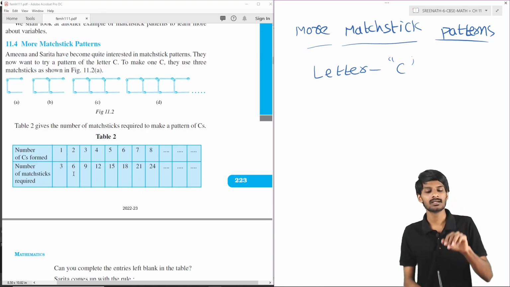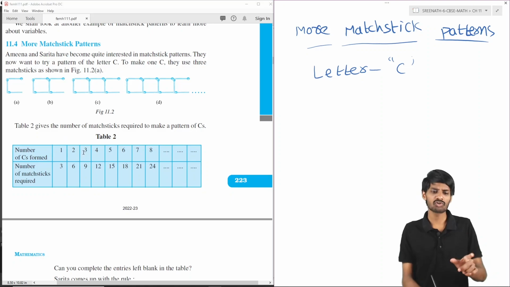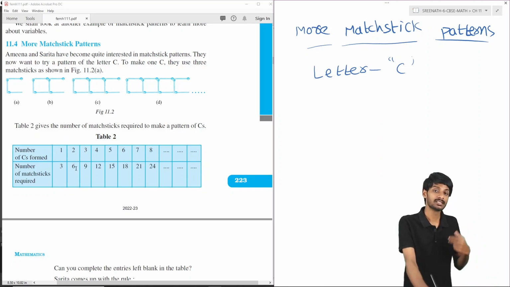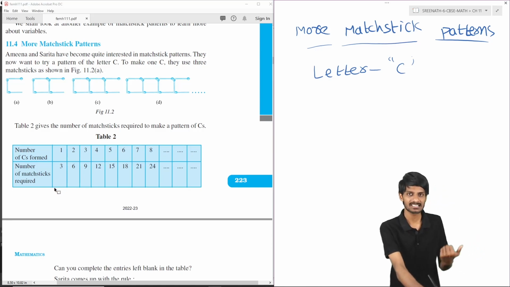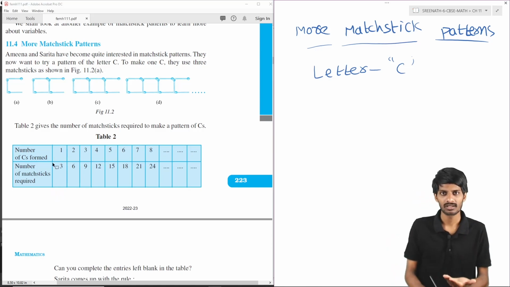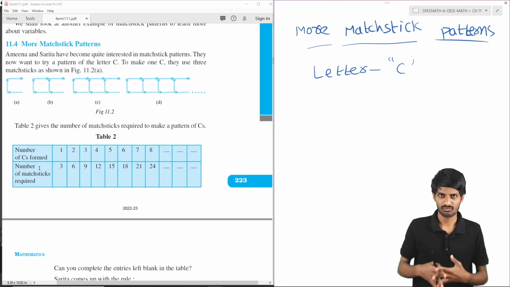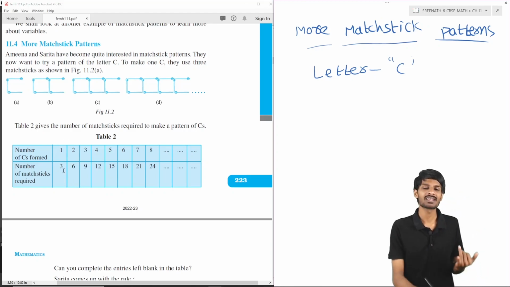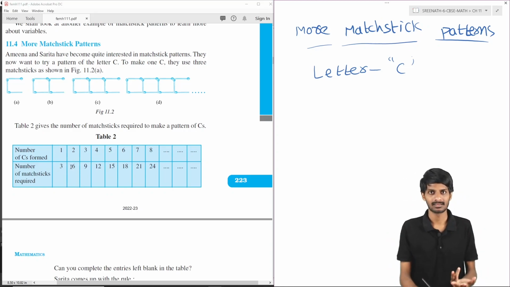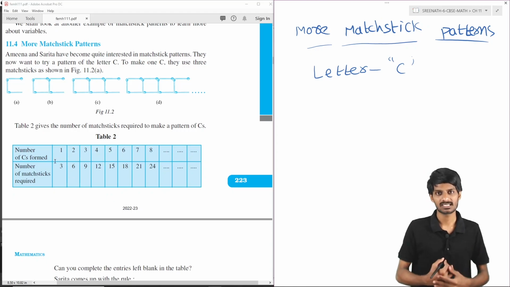For 2 C's, 6 matchsticks are required. For 3 C's, 9 matchsticks are required. In the previous pattern, the number of matchsticks required was double the number of letters formed. Here the number of matchsticks required is thrice the number of C's.